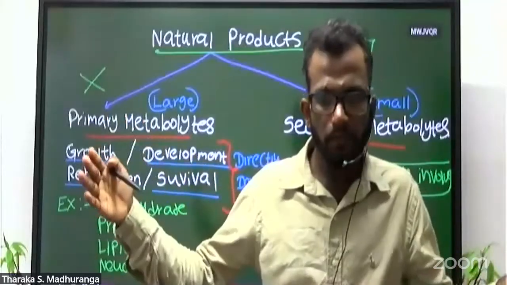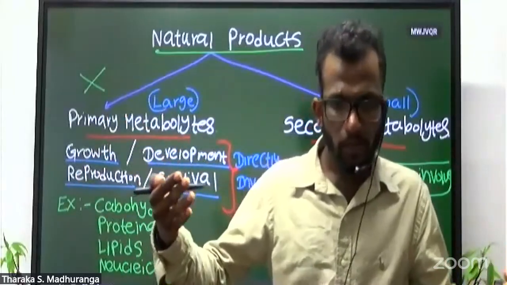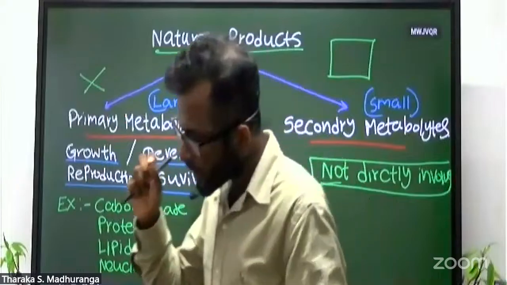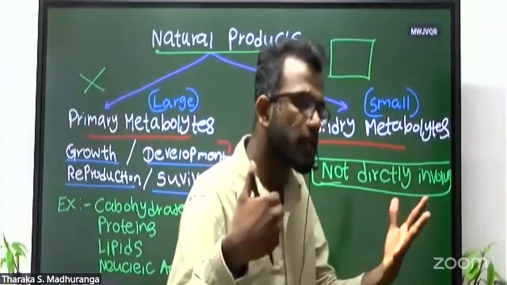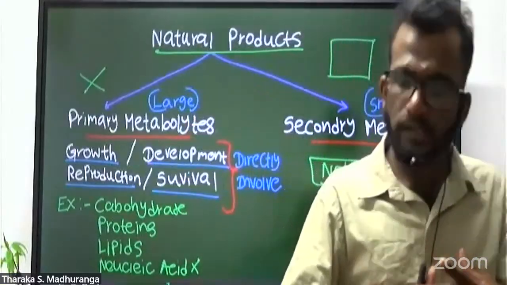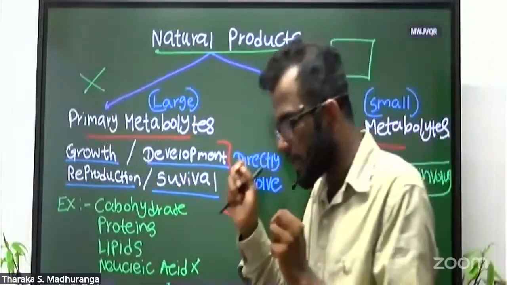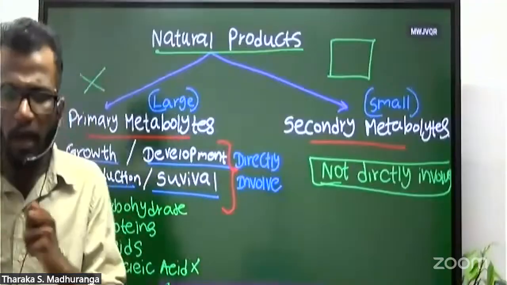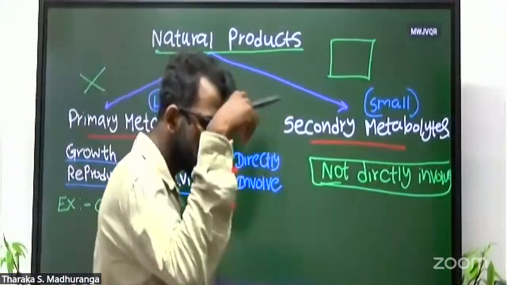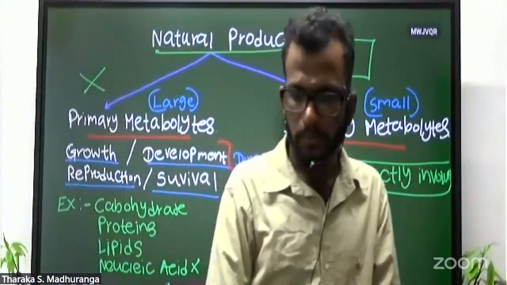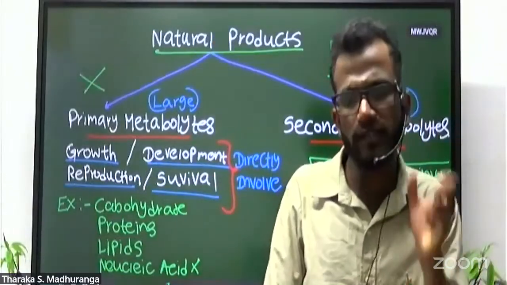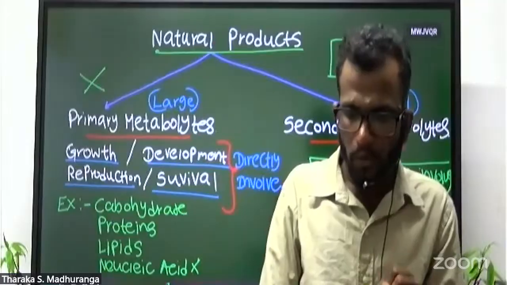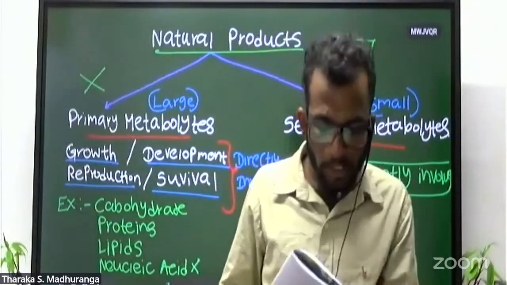The secondary metabolites are produced in very small amounts, and they are not directly involved in these processes. They only perform in a certain period of the life of the organism, not the entire life.